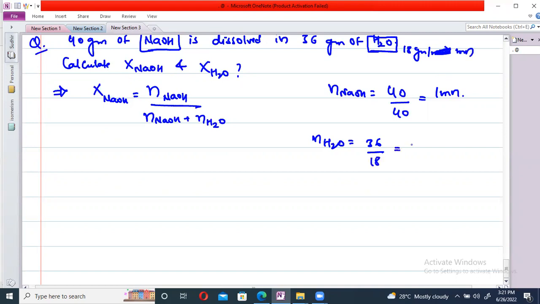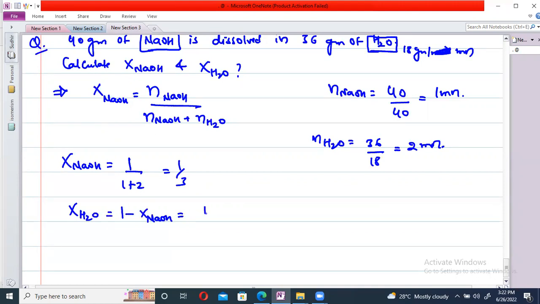So 36 by 18 equals 2 moles. So the mole fraction of NaOH is 1 by 1 plus 2, that is 1 by 3. Then the mole fraction of water is 1 minus the mole fraction of NaOH, 1 minus 1 by 3, that is 2 by 3, right?